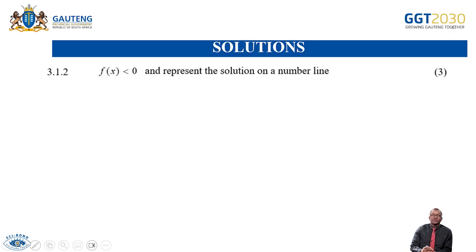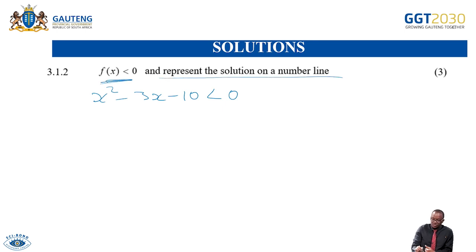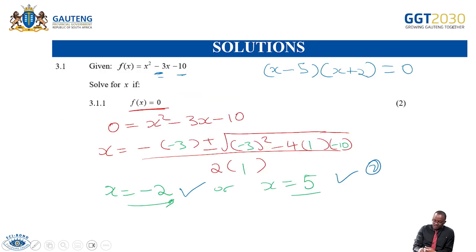Then we go to this one. Remember they're saying now f of x, which is x squared minus 3x minus 10, is now less than 0. That is the condition here, and it says represent your solution on a number line. But we know that from the previous question we have calculated our critical values.